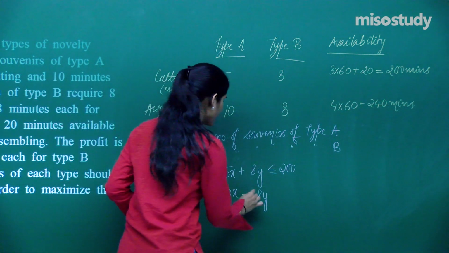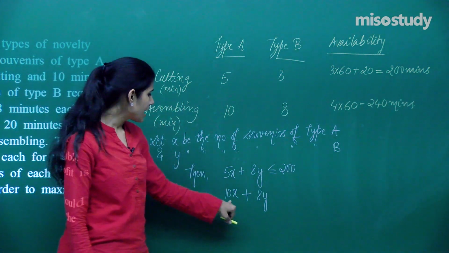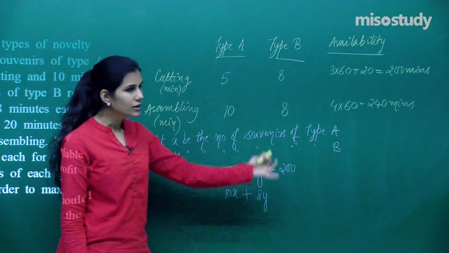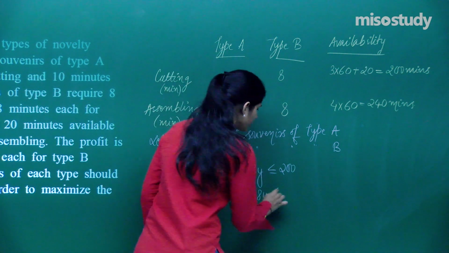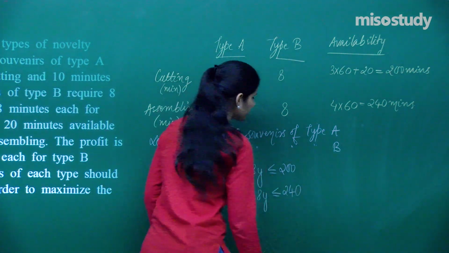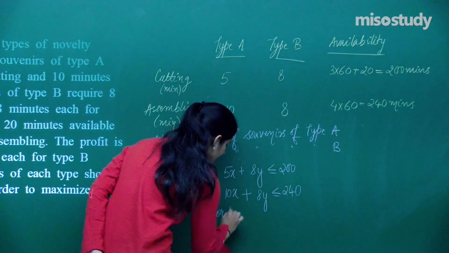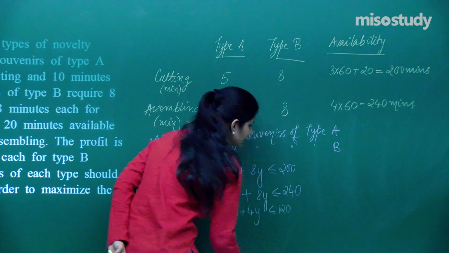So, in total I am investing 10x plus 8y minutes in assembling them, but in total I can only invest 240 minutes. So, this assembling time should not exceed 240. This is my next constraint. This I can also write as 5x plus 4y is less than or equal to 120.